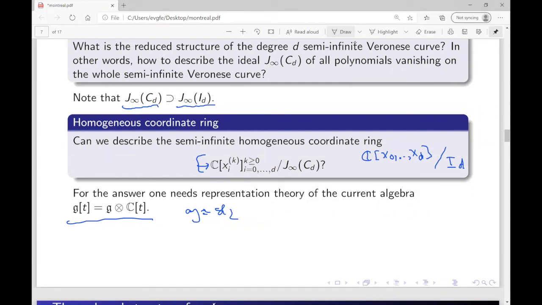The second comment is related to my comment earlier: if you look at it from the viewpoint of Grassmannians rather than projective spaces, so Grassmannians of two planes in d dimensions, you just add the t parameter and it becomes a sort of affinized or polynomialized infinite dimensional analog of the Plücker embedding. Absolutely. Right.